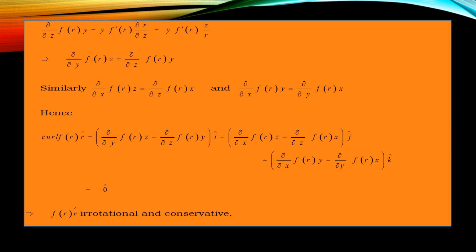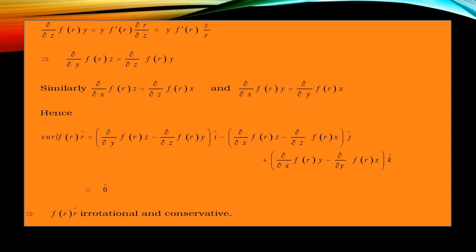Now the curl of f(r) r cap equals i cap times [∂/∂y of f(r) z minus ∂/∂z of f(r) y], minus j cap times [∂/∂x of f(r) z minus ∂/∂z of f(r) x], plus k cap times [∂/∂x of f(r) y minus ∂/∂y of f(r) x].